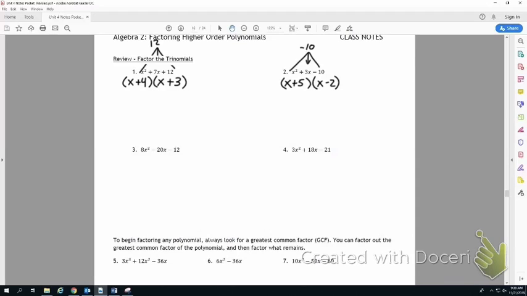So what do I need to do first on number 4 that I did not have to do on number 1 and 2? Greatest common factor. What is the greatest common factor? 3. So I'm going to divide every term by 3. And then now, I'll do the triangle. 1 times negative 7 is negative 7. What factors of negative 7 add up to positive 6?